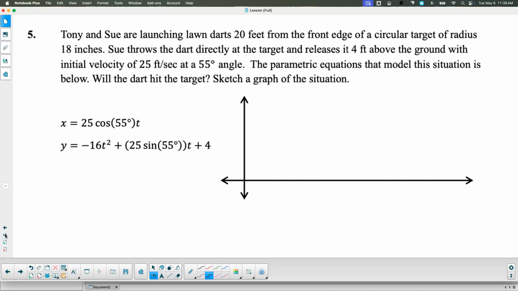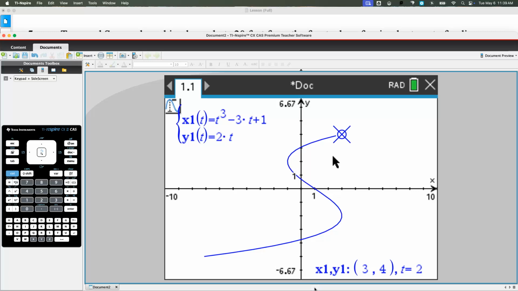Okay? So, first off, need to make sure that your calculator is in degrees, because we're dealing with degrees here. So you need to switch this to degrees.